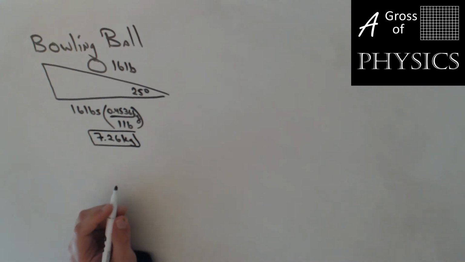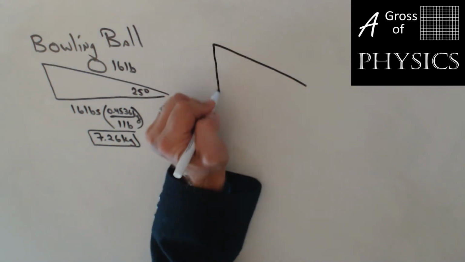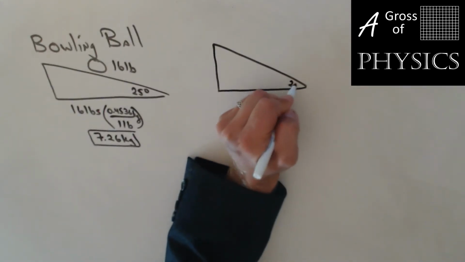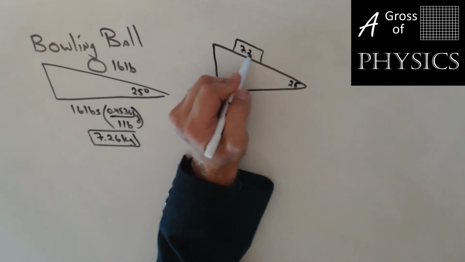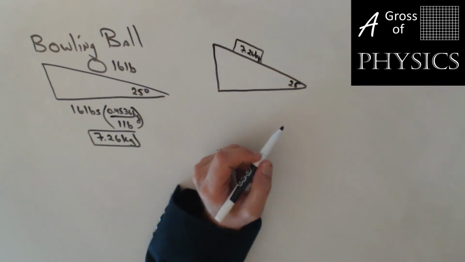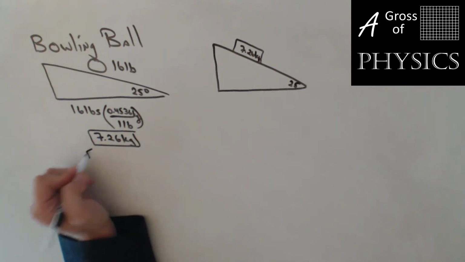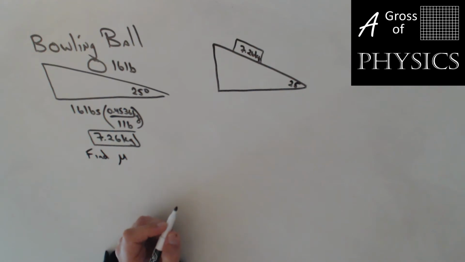And the next thing we need to do is draw a free body diagram. So if I draw a free body diagram over here, I'm going to start with the ramp. I'm going to put 25 degrees there. I'm going to draw the box that represents the bowling ball, and I'm going to put 7.26 kilograms in the box. Now, our job in this problem is to find mu. So we're not going to look up what the value is. We have a ramp.